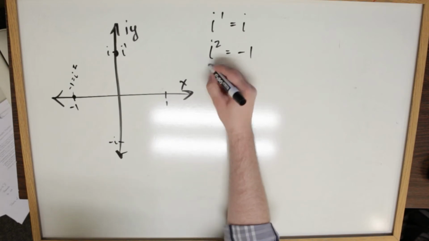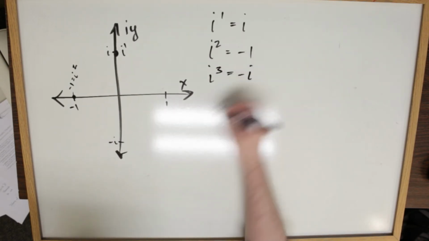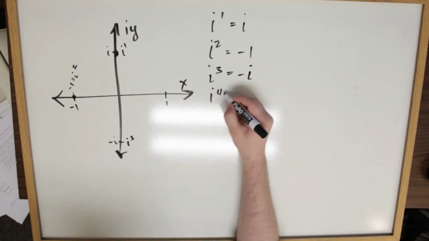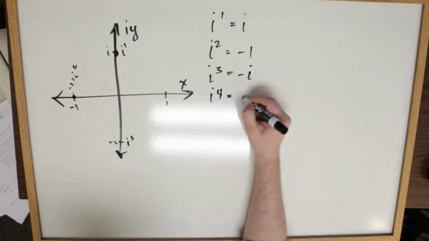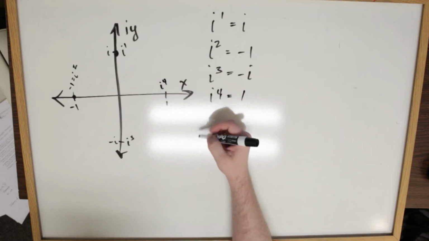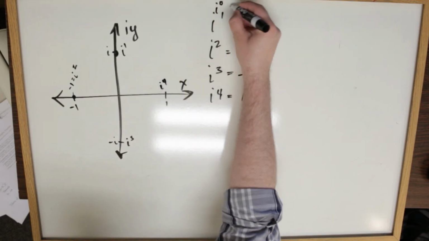I to the third is equal to -I, and I'm guessing you see the pattern at this point. I to the fourth is going to be 1. If you wanted to start at I to the 0, you could do that too.